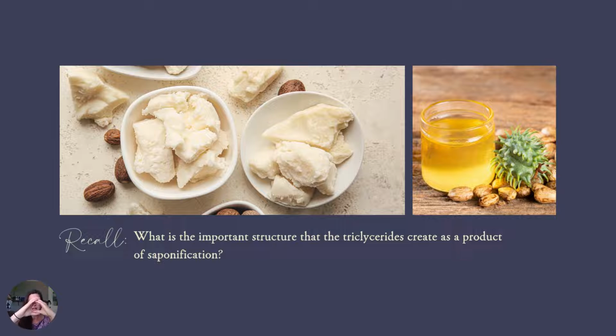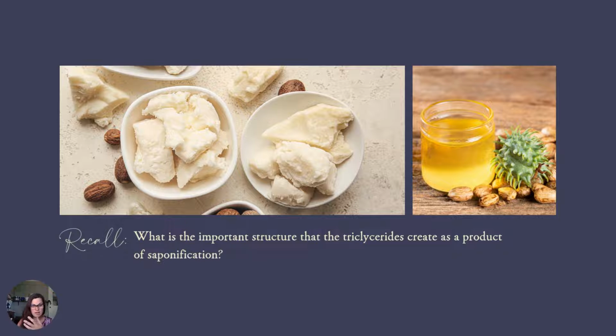This circle has the tails on the inside and the heads on the outside. This is called a micelle. That micelle is grabbing dirt with the tails, and it's getting washed off your skin because the heads will dissolve in water. The water grabs the heads and washes the whole thing off your body, your dishes, whatever you're washing.